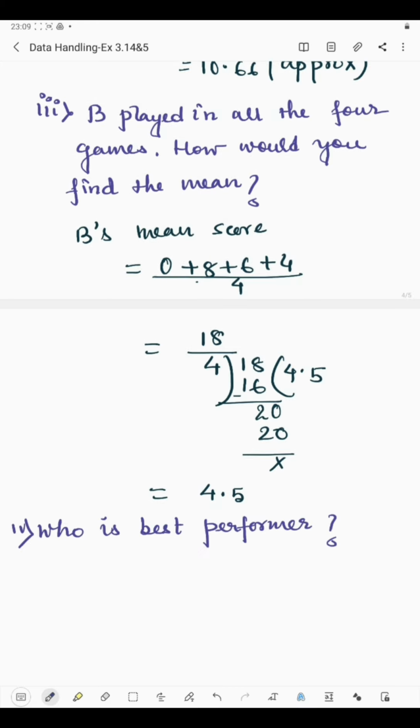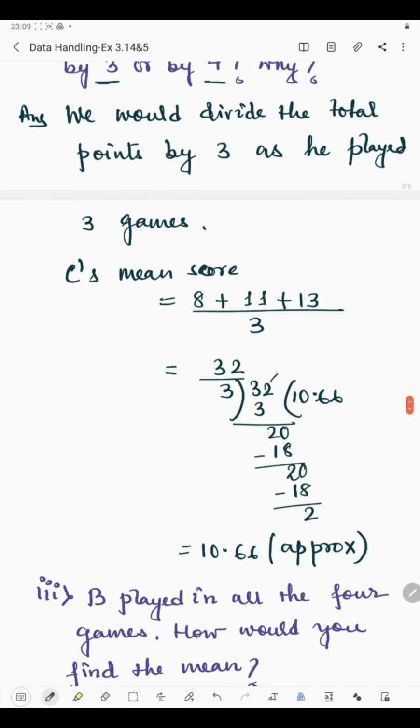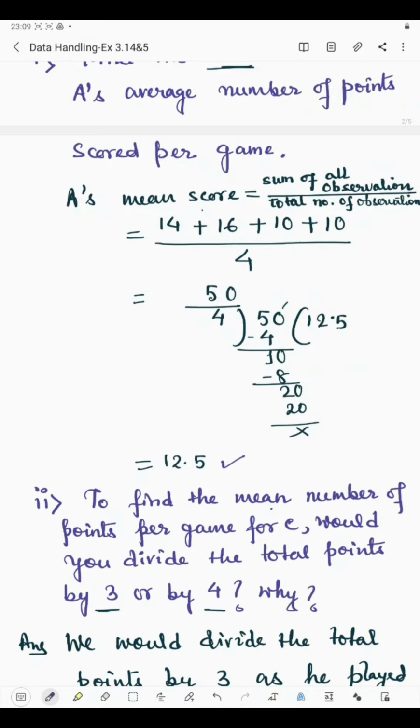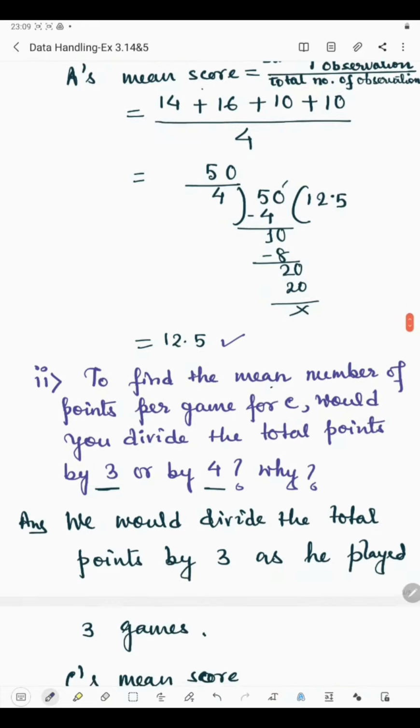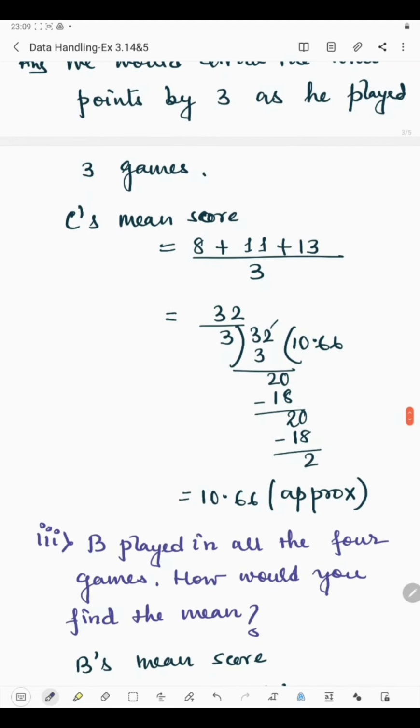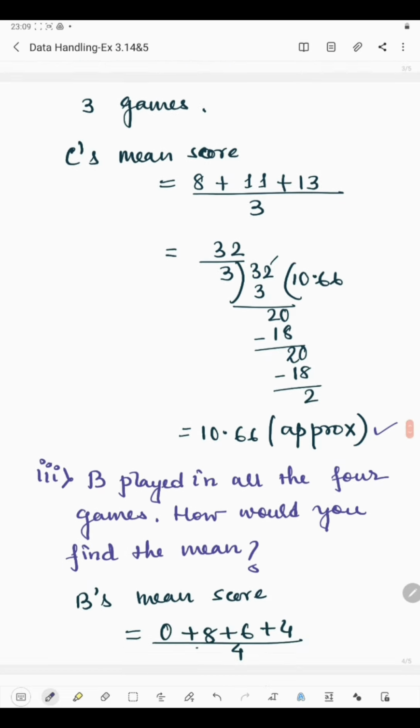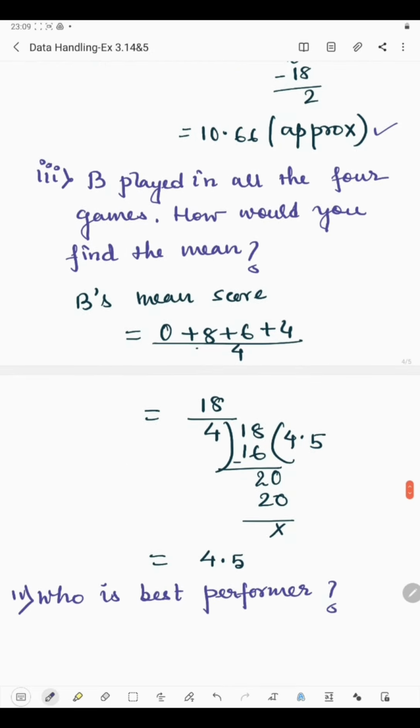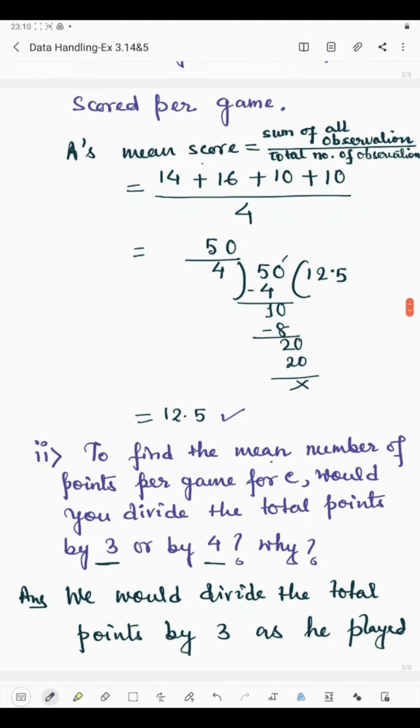Now in the fourth part we have who is the best performer, like who performed well. So here we can see that A's average score per game is 12.5, C's average score is 10.6, and B's average score is 4.5.